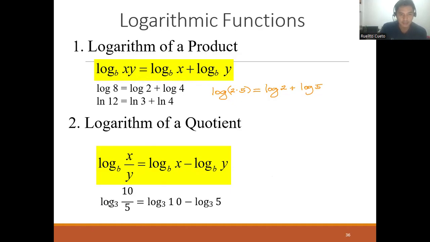Our example is log of 10 over 5 to the base 3, that is equal to log of 10 to the base 3 minus log of 5 to the base 3. So that is the logarithm of a quotient, or the quotient rule.